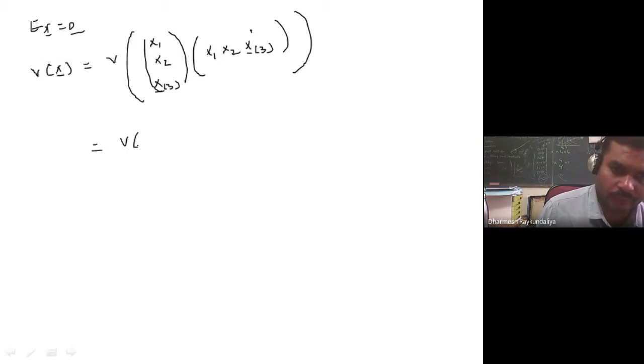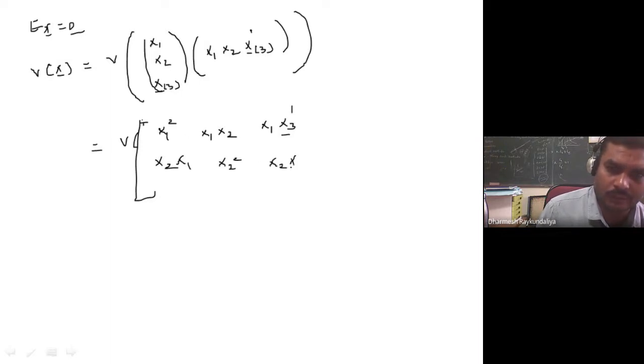It is x1 square, this is x1 x2, this is x1 x3 transpose, this is x2 x1. Multiply x2 with x2, this is x2 square. This x2 multiply x3 is x2 x3 transpose. This x3 multiply x1 is x3 x1. Sorry, this is expectation, not the variance. This is x3 x2, and this is x3 x3 transpose.